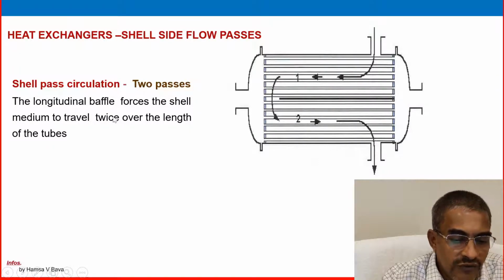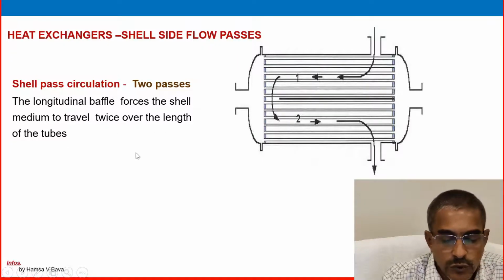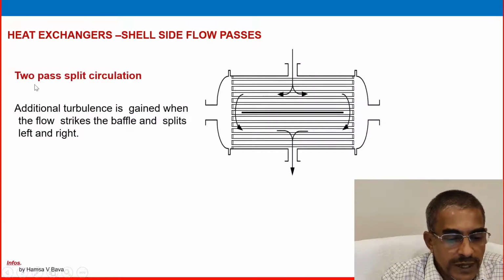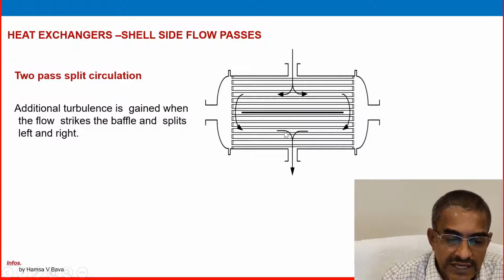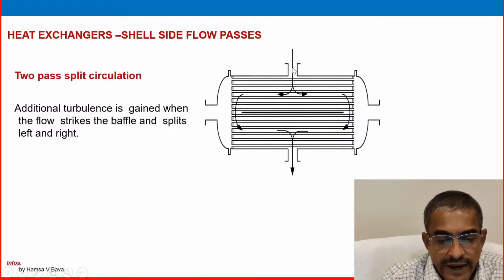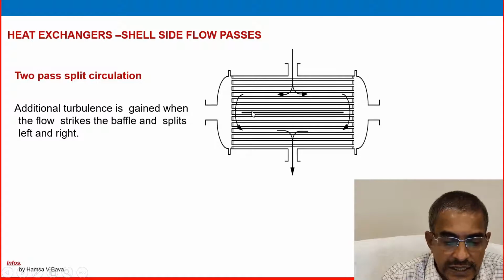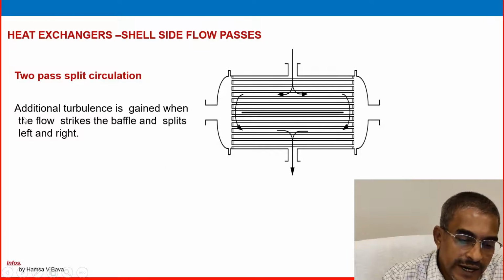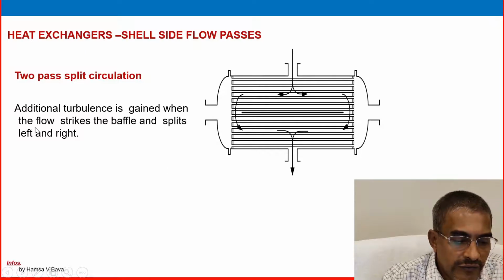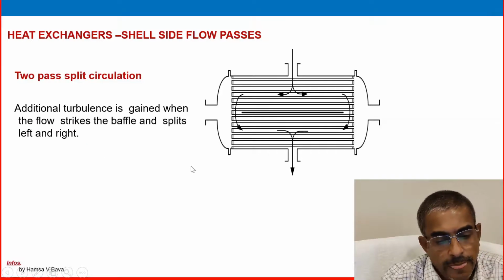The longitudinal baffle forces the shell medium to travel twice over the length of the tubes. So two-pass split circulation is also there in the shell side. Entering from the center and splitting to both sides, the same longitudinal baffle separates the direction of the flow, and it exits from the other side. Additional turbulence is gained when the flow strikes the baffle and splits left and right.